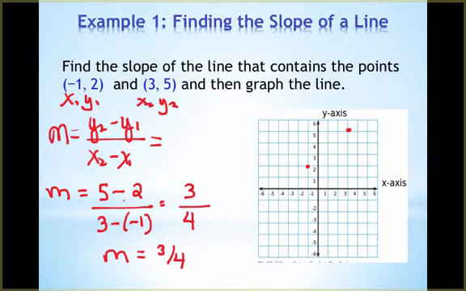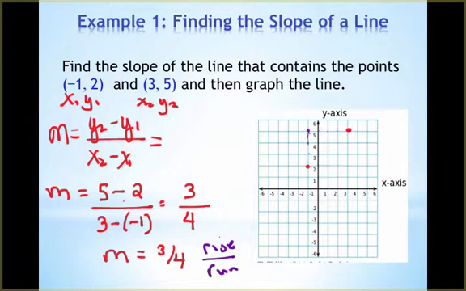And now here's what our slope has told us, that if you start at, let's say this point -1, 2, to get to the point at 3, 5, you have to rise 3, 1, 2, 3, and run 4, 1, 2, 3, 4.